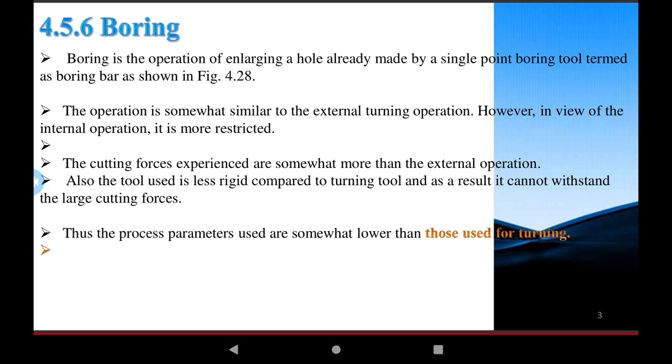Turning tools have large cutting forces required in this operation. Suppose I consider the operation in the figure, presented again in the slide. The process parameters used are somewhat lower than those used for the turning operation.